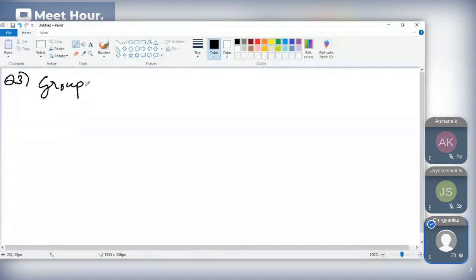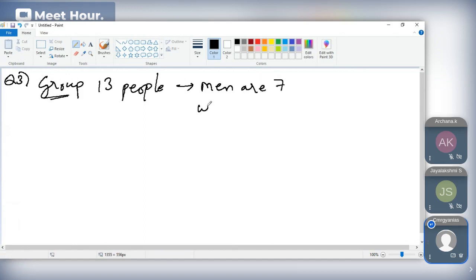Okay, so there is a group consisting of 13 people. Out of these, men are 7 and women are 6.